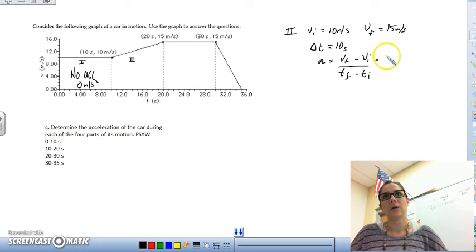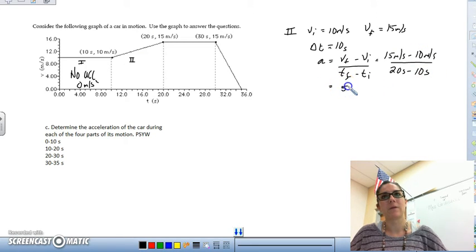With that said, we have final minus initial. Final is 20 seconds, so that's where we are, minus initial 10 seconds. And when we reduce this, we have 5 over 10, which gives us an acceleration of 0.5 meters per second squared.